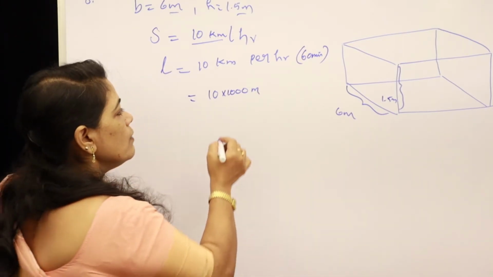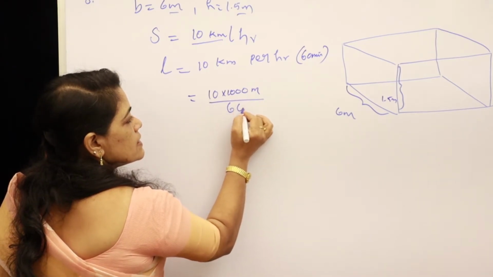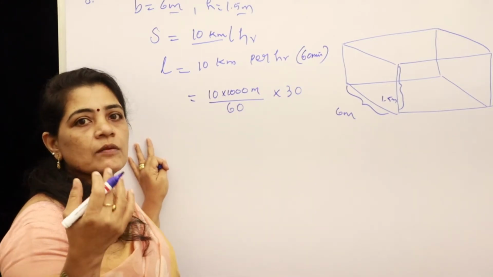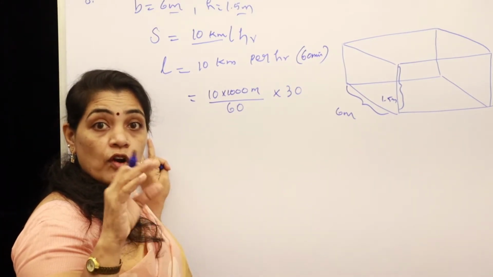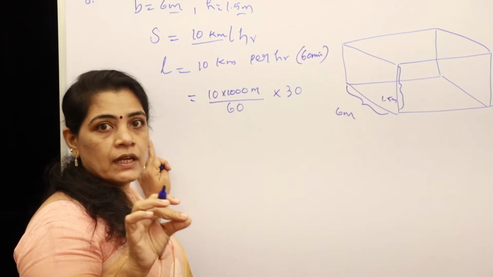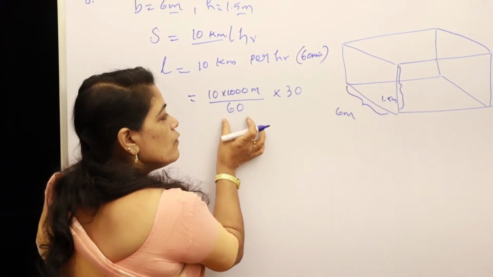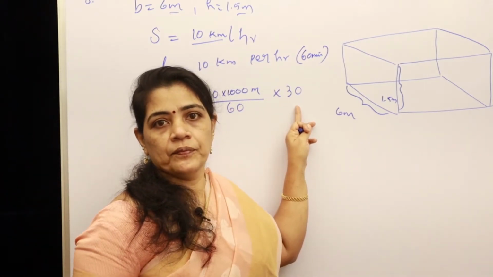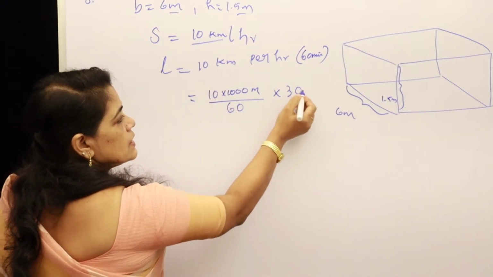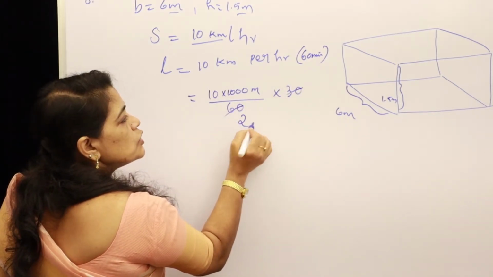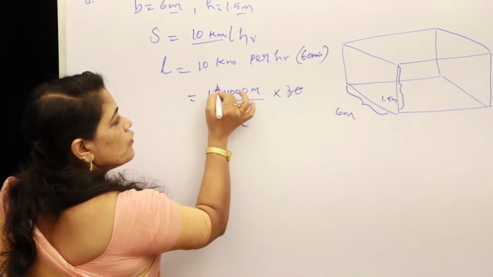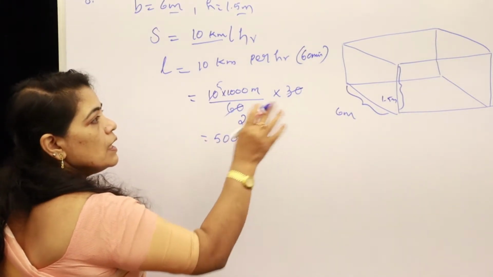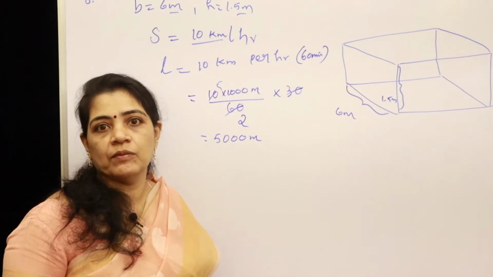In 1 minute it will be divided by 60, and for 30 minutes multiply with 30. In examinations it may be 50 minutes, 40 minutes or 15 minutes, so get the length for 1 minute, then multiply with the given time. Understood? Here it is easy: 30 in 60 is half, and half of 10000 is 5000 meter. This is the length of the cuboid for 30 minutes.